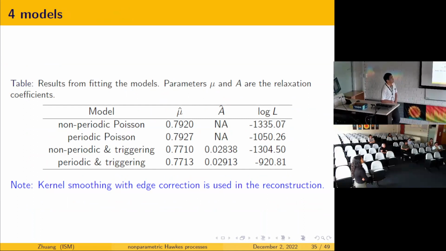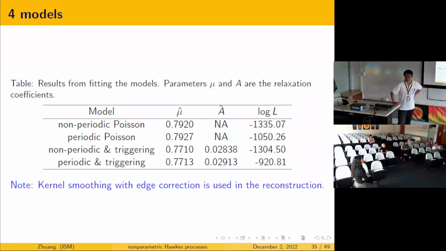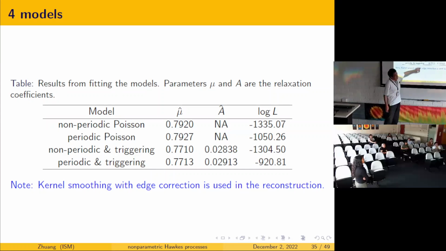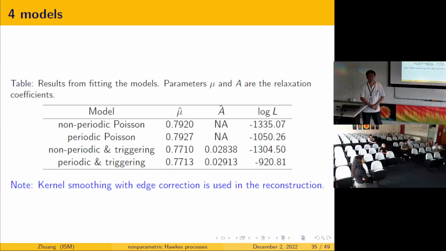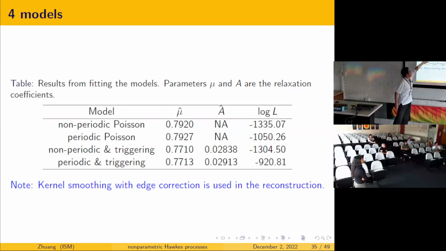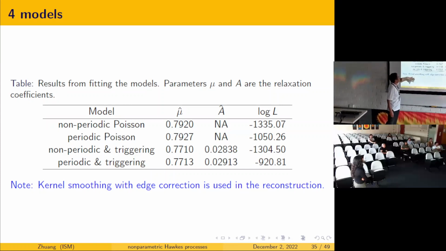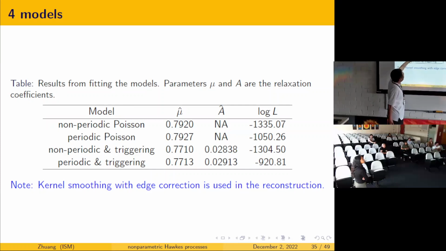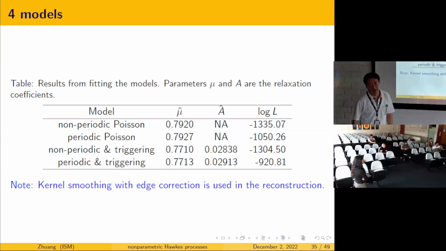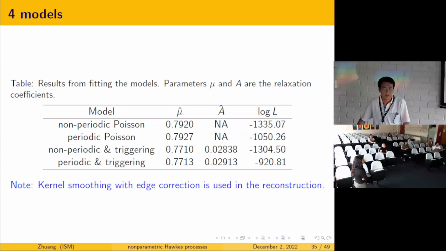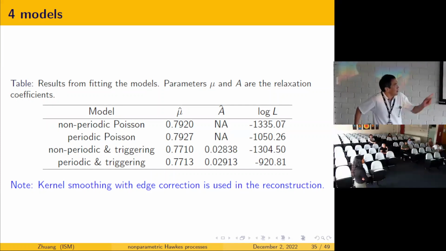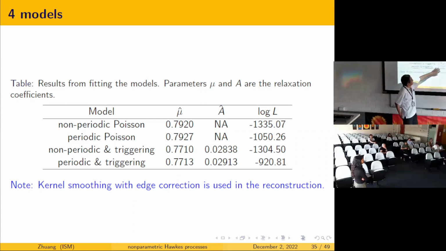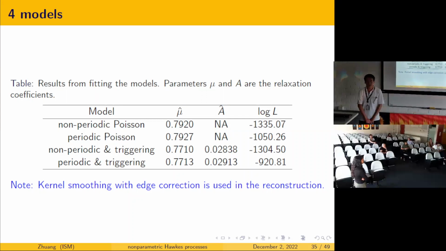No matter how I change the estimate of the background part, if we use the same set of kernel configurations to fit these four models, the triggering part always exists, and the value is quite stable, around 3%.